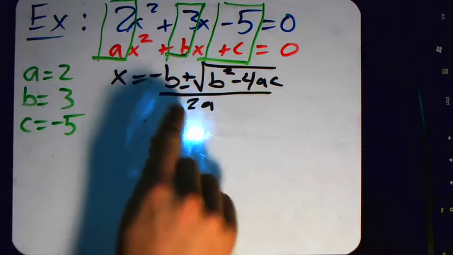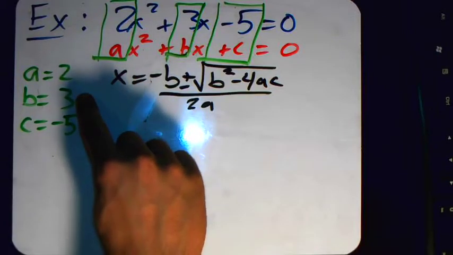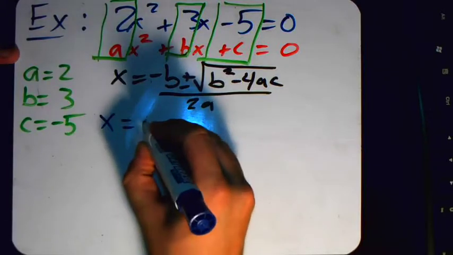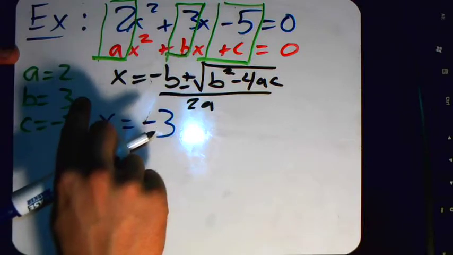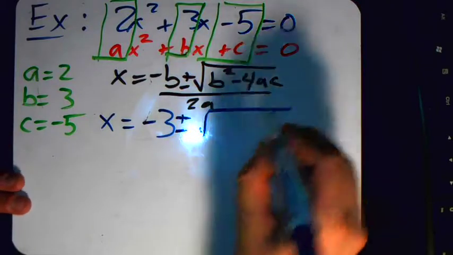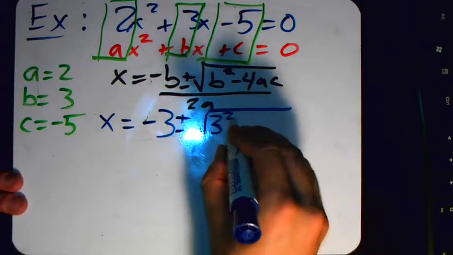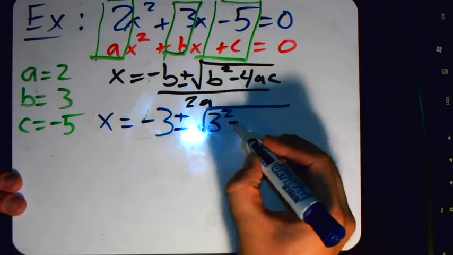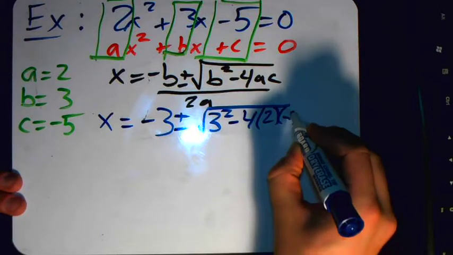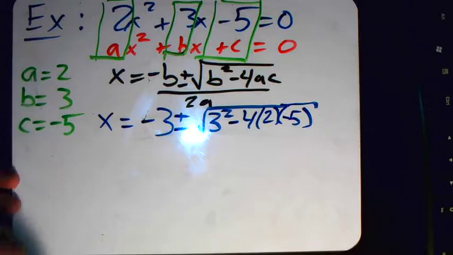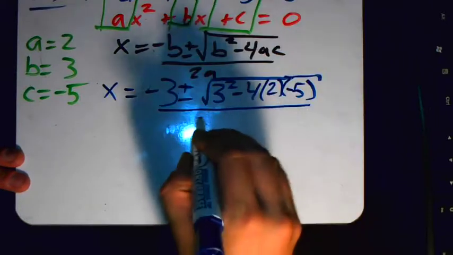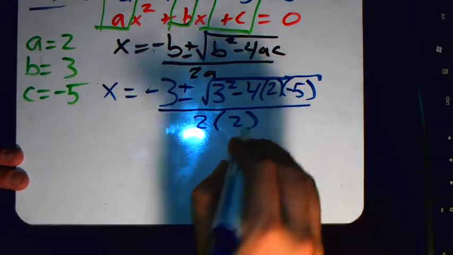And instead of using a's, b's, and c's inside this formula, I'm going to substitute them with 2, 3, and negative 5. x equals negative 3 for my b, since it is a negative here, plus or minus the square root of 3 squared minus 4 times a times c. Make sure I'm extending my radical over every single term. I'm taking this entire thing divided by 2 times a.